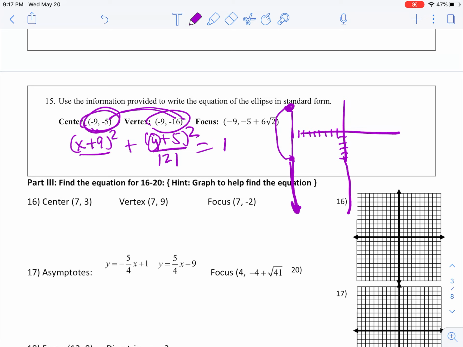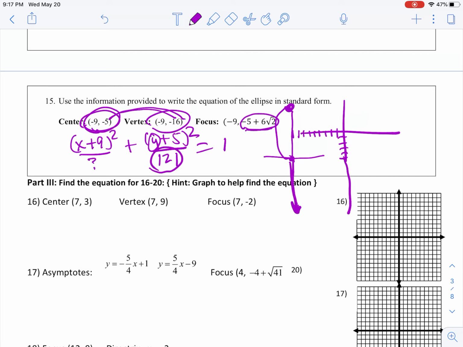Now, the foci help you find out this number right here, which we're not going to get into. You would have more information about how far to count across, but you'd be able to figure that out.